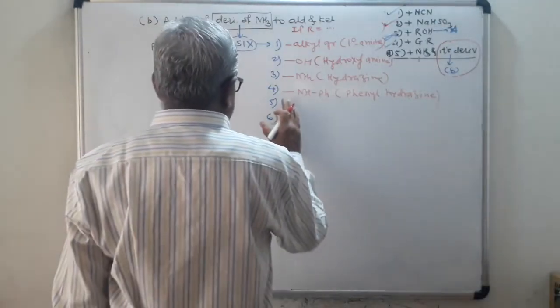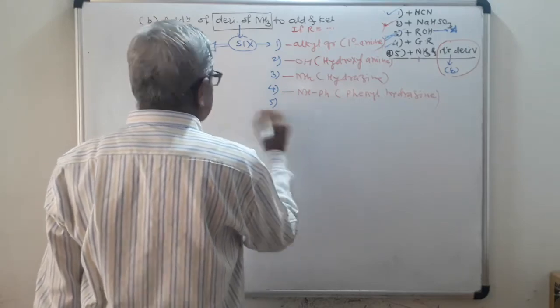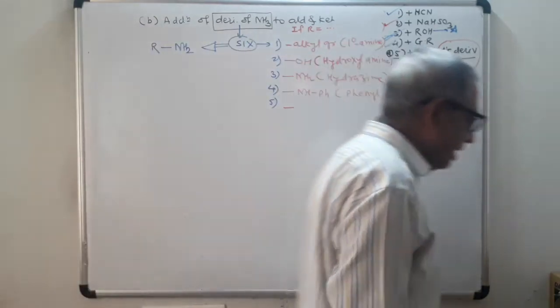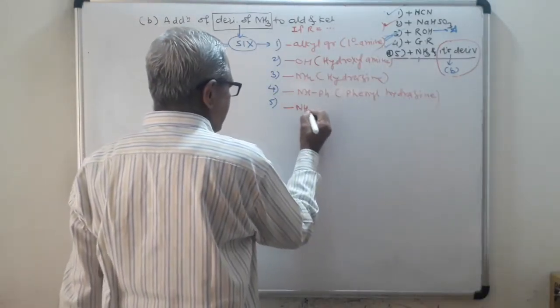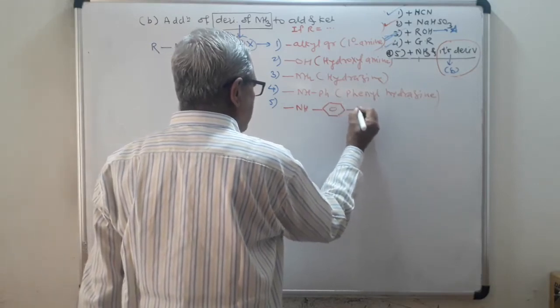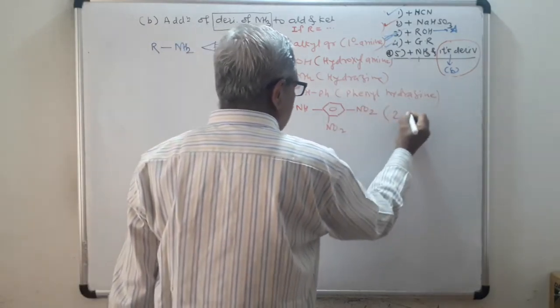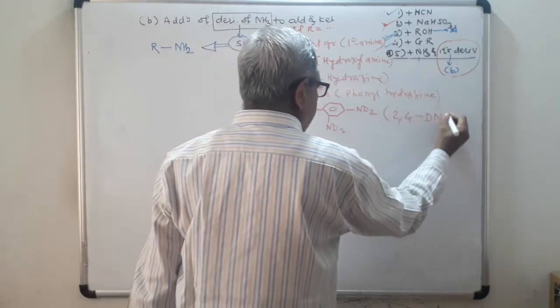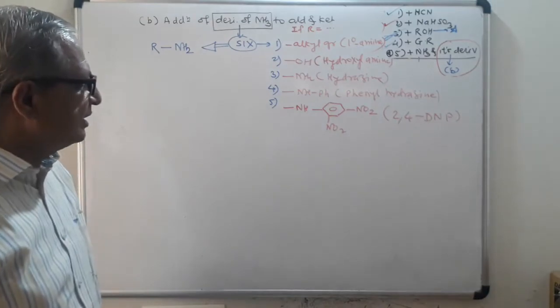Then reaction number 5, if R is equal to NH with a benzene ring having NO2 groups at the 2 and 4 positions, it is known as 2,4-DNP, 2,4-dinitrophenylhydrazine.